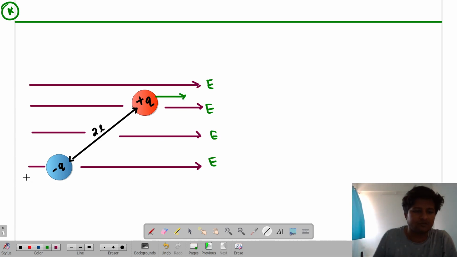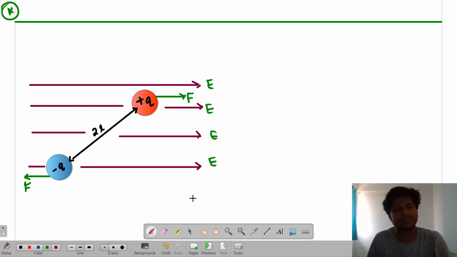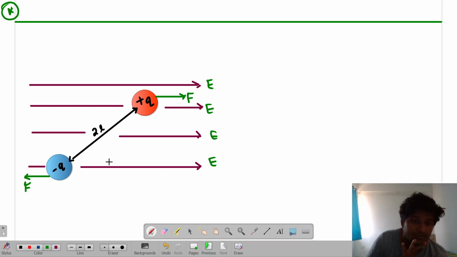Minus q will feel the force in which direction? So look over here, these charges will start to rotate, isn't it? Yes, basically these charges will rotate. If this kind of electric field is present and I place a dipole in the electric field, they will start to rotate. But the condition is I must put them perpendicular to the electric field, isn't it?